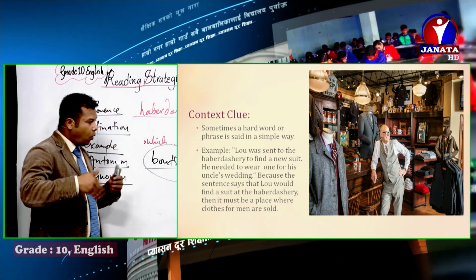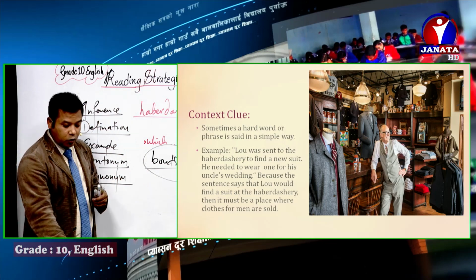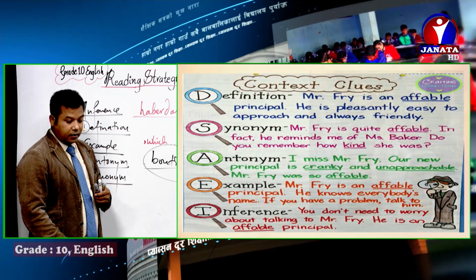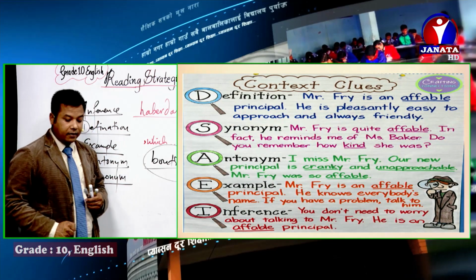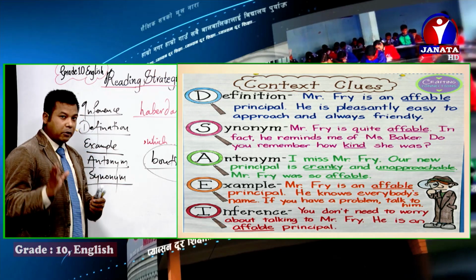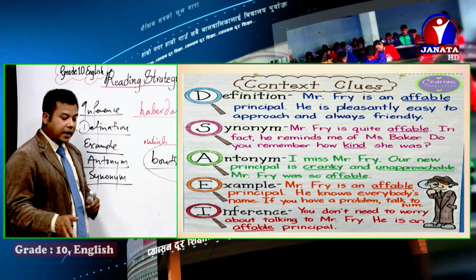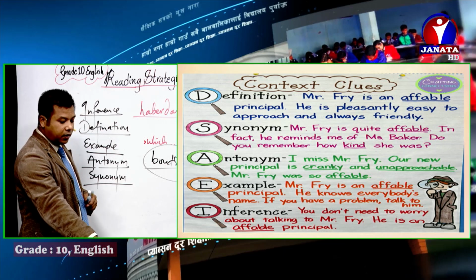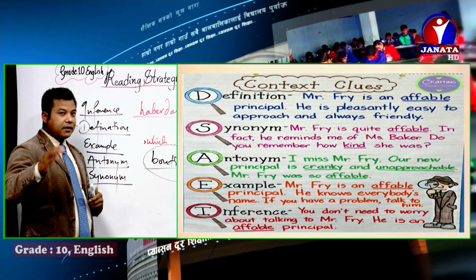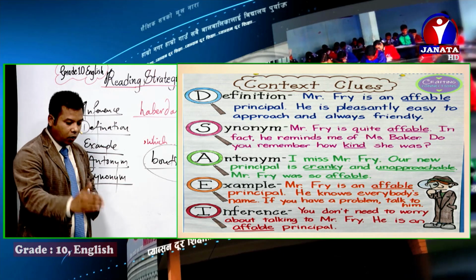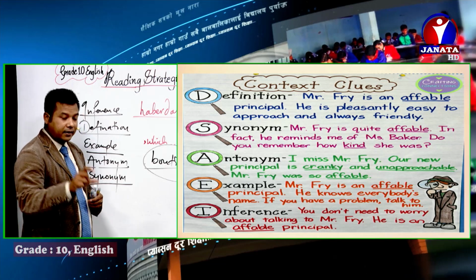Now, are these all the clues, or do we have more? We have here one page that will give you a comprehensive idea of understanding context clues for the word available. Since this is recorded, I will not go through these in detail.